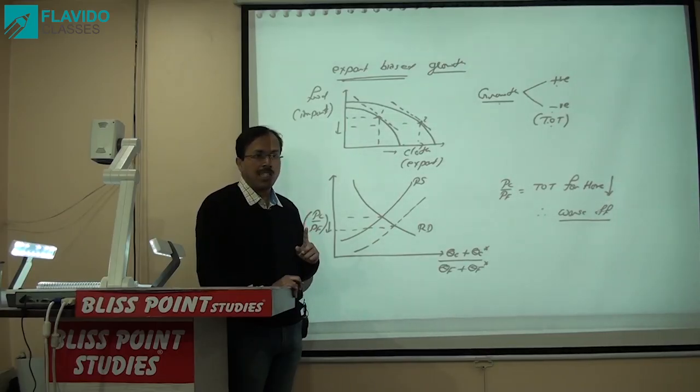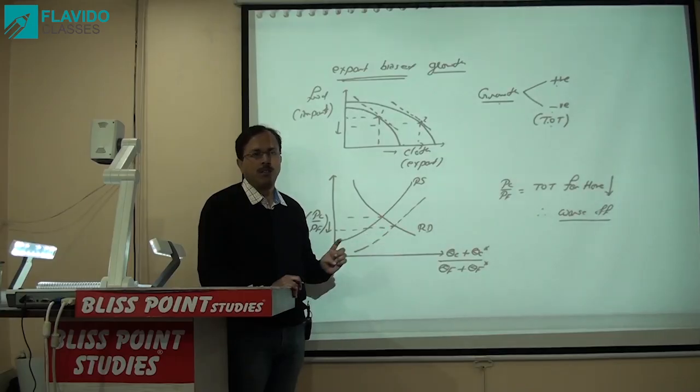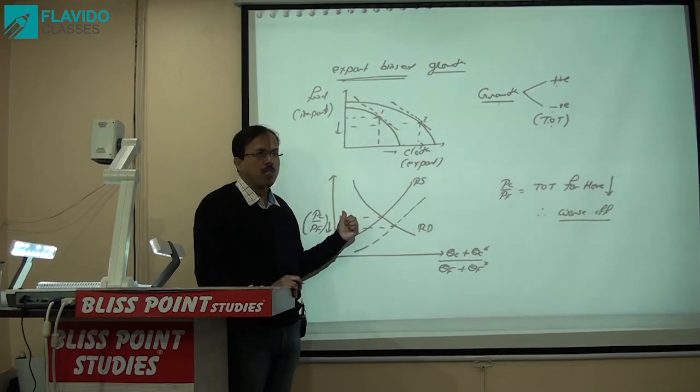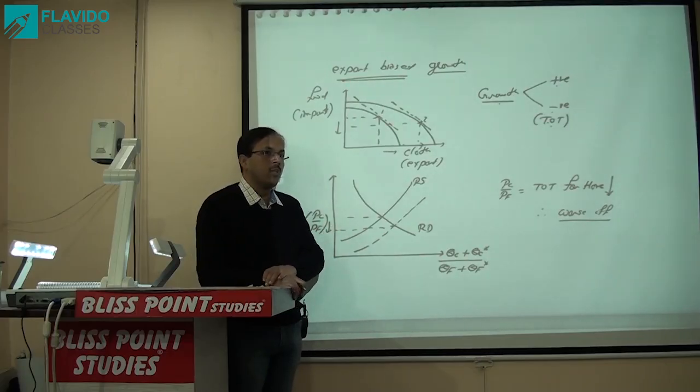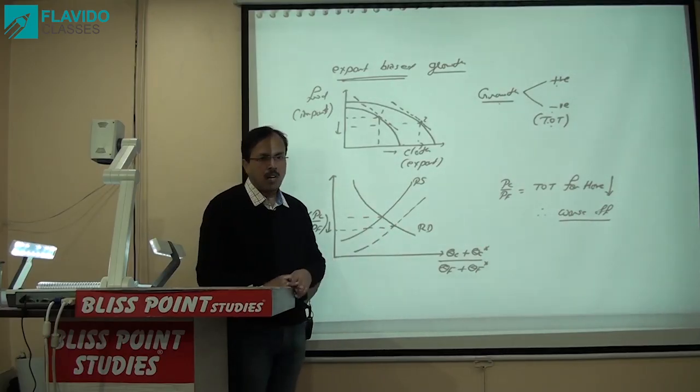Remember, when you say elastic, it means there will be more change in quantity, and when you say inelastic, there is more change in price. So we have to discuss change in price. If price reduces more, then we have a greater TOT impact. So for immiserizing growth, relative supply and relative demand must be very steep. That is, its elasticity must be very low. RS as well as RD must be steep.